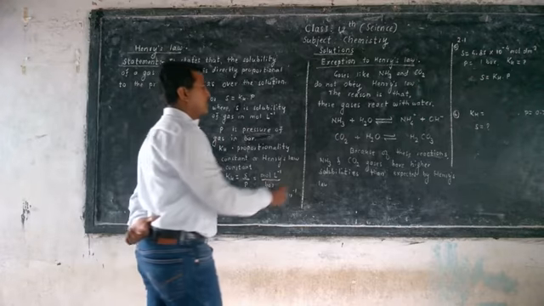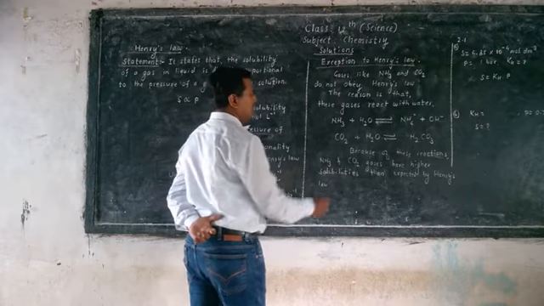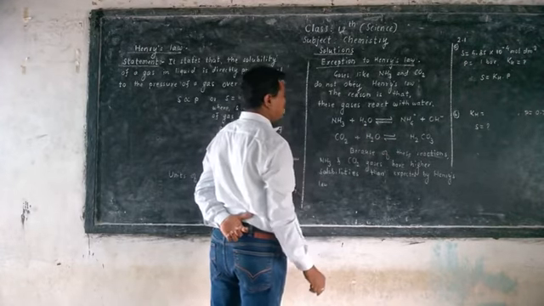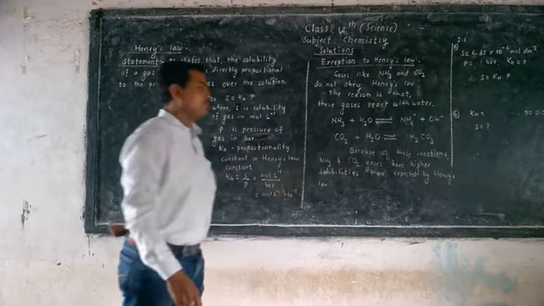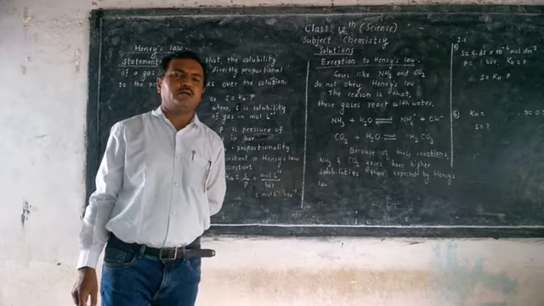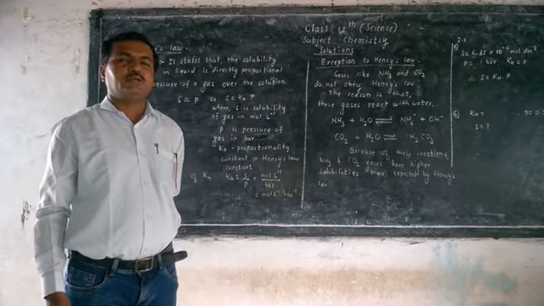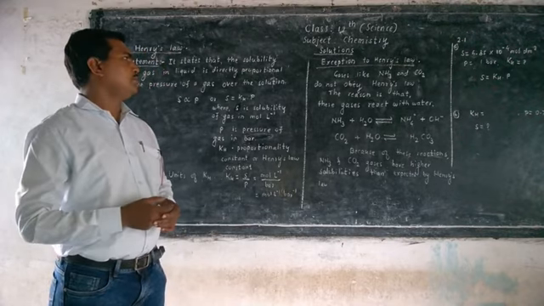Then carbon dioxide and water give carbonic acid: CO2 plus H2O gives H2CO3. Because of this reaction, ammonia and carbon dioxide gases have higher solubility than expected. It means they readily dissolve in water, so they do not obey Henry's law.